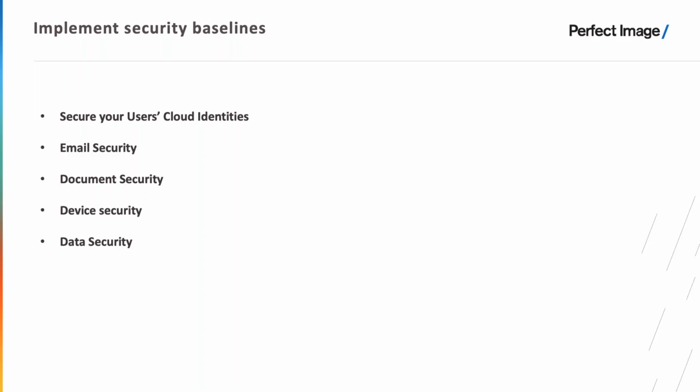Then you get to document security, so protect the data from leaking with data loss prevention tools. Device security: link the device compliance policies with conditional access. So does the device have encryption? Does it have antivirus? Yes, it meets that policy, therefore you're allowed access. No, mark the device as non-compliant, raise an alert, get it investigated.